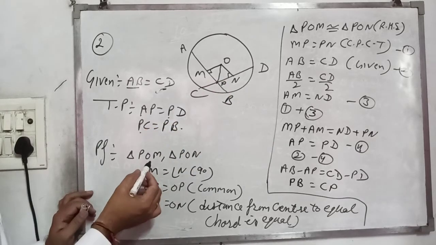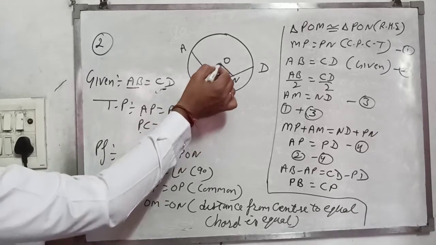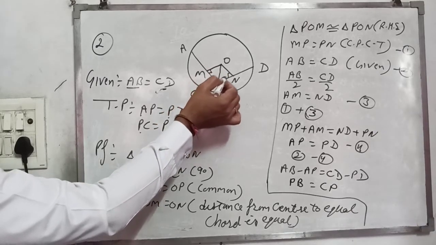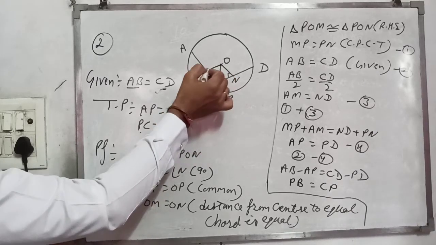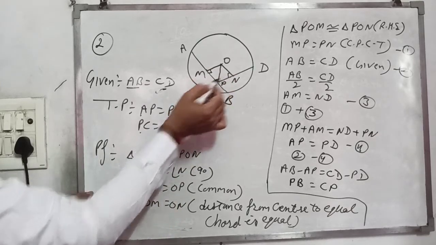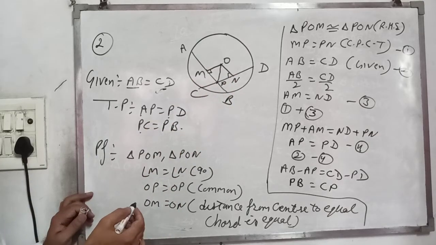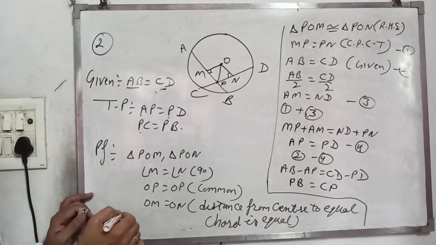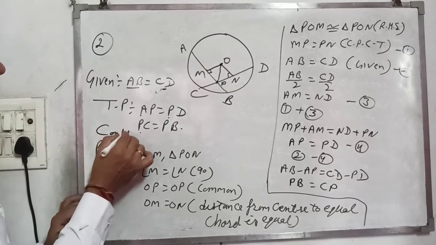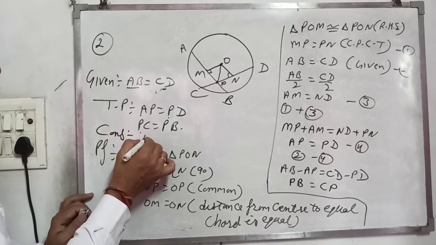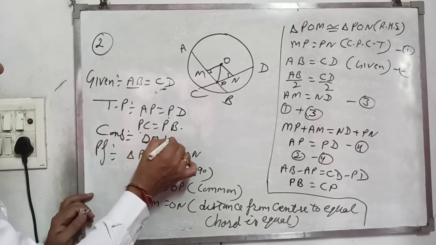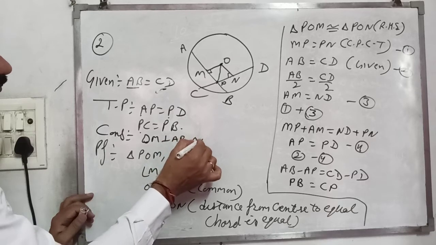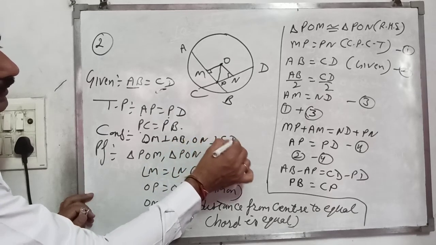So come to the two triangles, POM and PON. Angle M and angle N are 90 degrees. We construct these two triangles by joining O and P, with OM perpendicular to AB and ON perpendicular to CD.